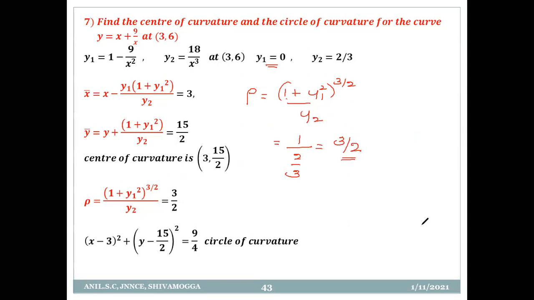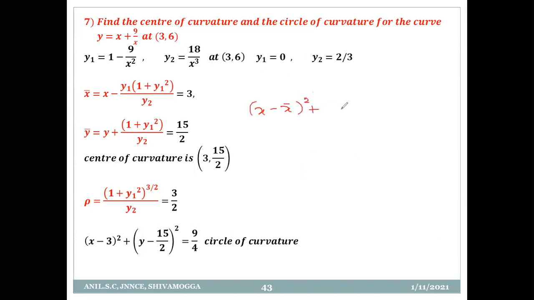The rest is very simple. You write the equation of circle and substitute. Equation of the circle is given by x minus x bar whole square plus y minus y bar whole square is equal to rho square.